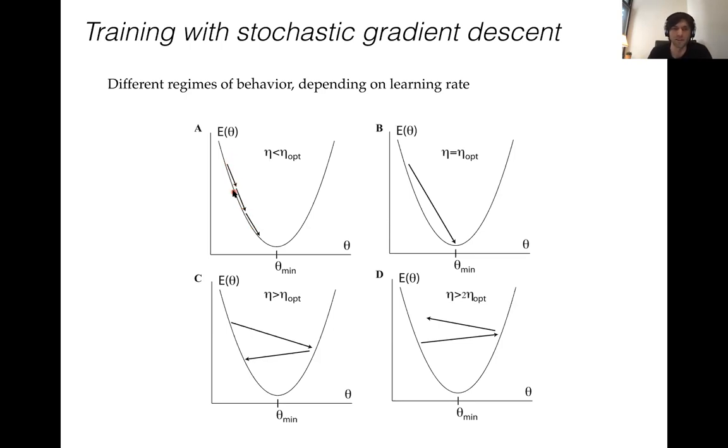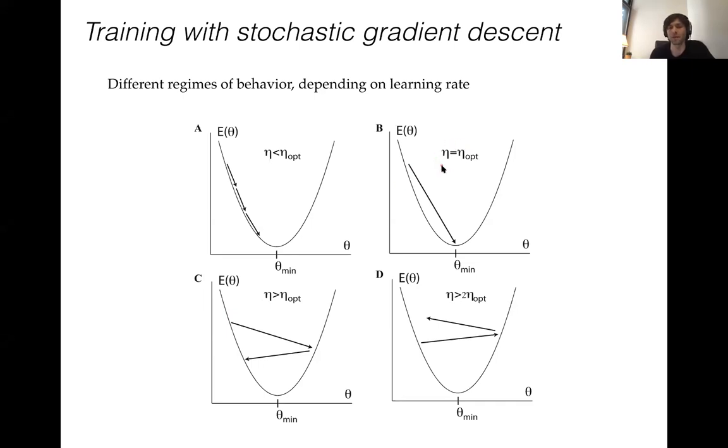You take these baby steps and you crawl downhill, and that'll work. But it's a little bit slow. And there's an optimal step size, which if you had a perfectly quadratic error function, you could estimate. And if you did it right, you could in one step jump straight to the bottom and optimize the error.